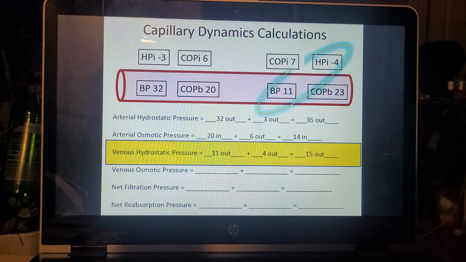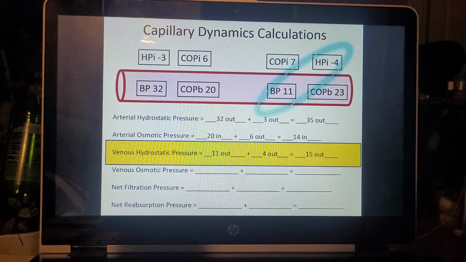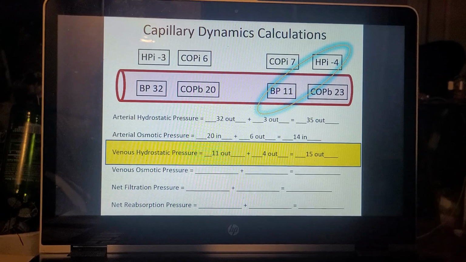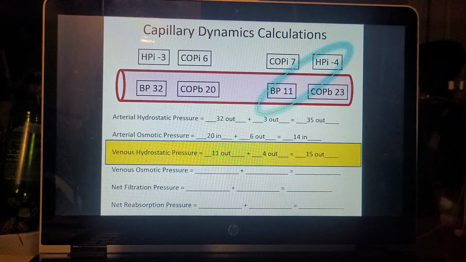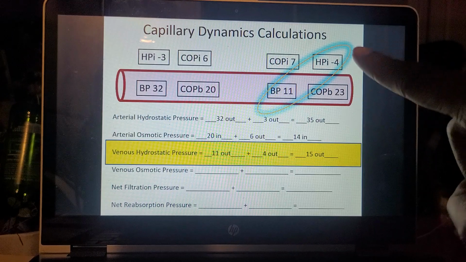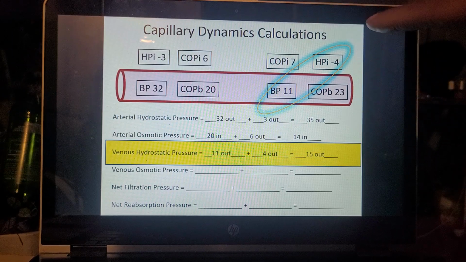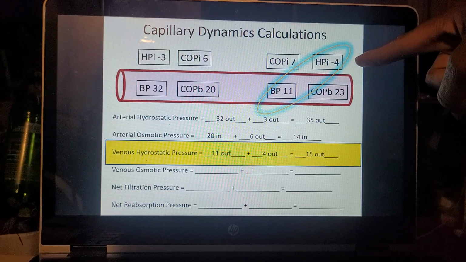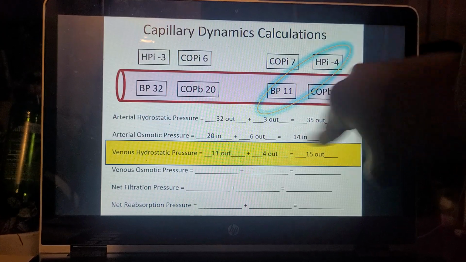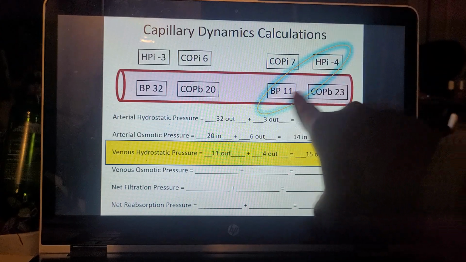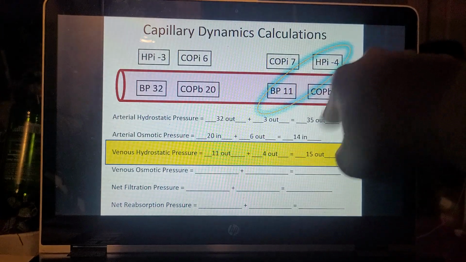So just a reminder on the test, it will be on either the arterial side or the venous side, not switching sides in between. So only on one section or the other. They'll be mixed, so your tissue pressures might be switched or the blood pressures might be switched just on their side. So that way you don't have crossing over. It's just in that section.